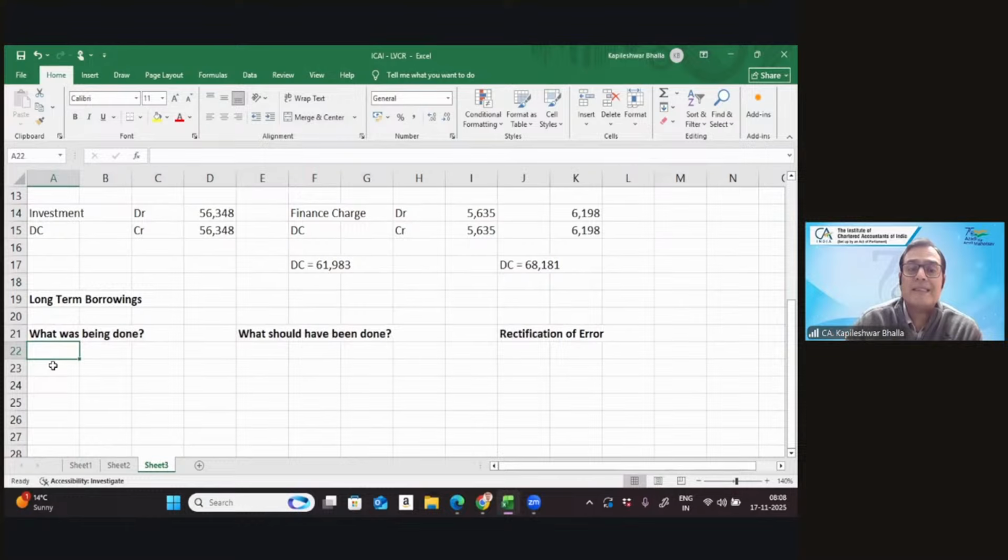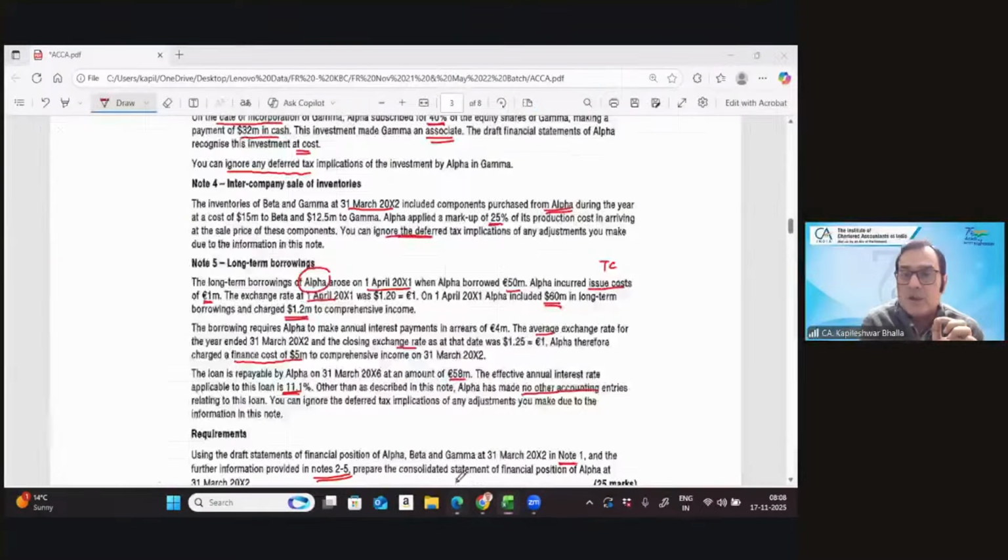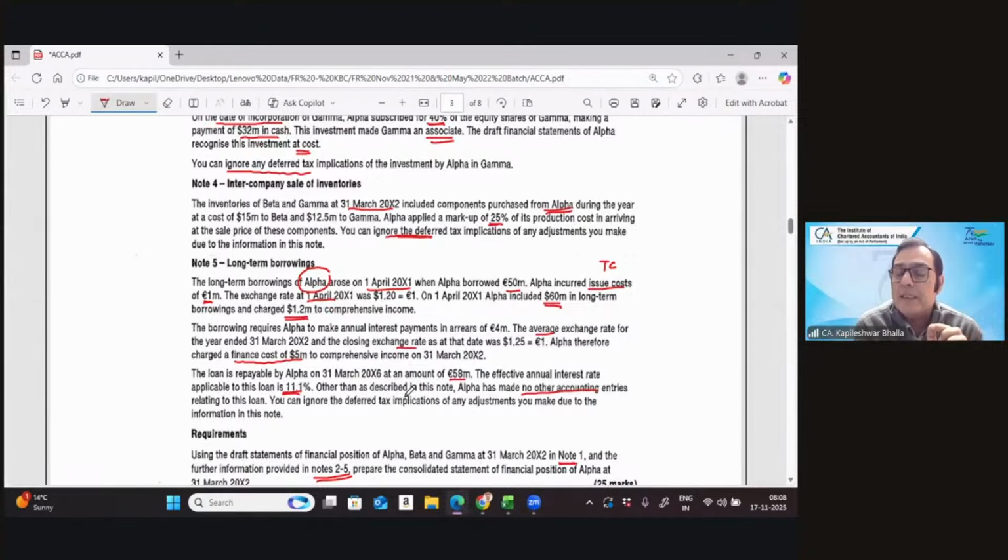First of all, let's see date-wise what is being done in this case. Let's go back to note number 5. It says on 1st April X1, which is the beginning of the year, they borrowed a loan of 50 million. And it says it incurred an issue expense, and that was taken to the comprehensive income.